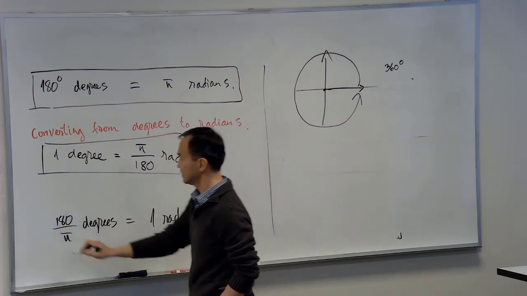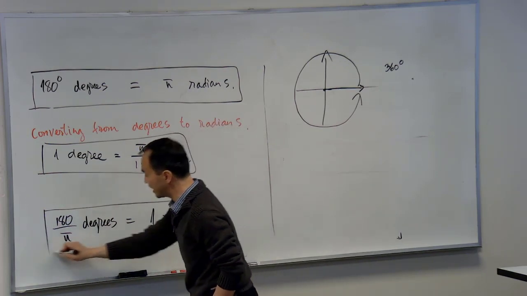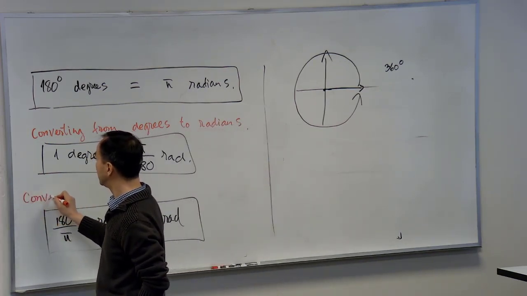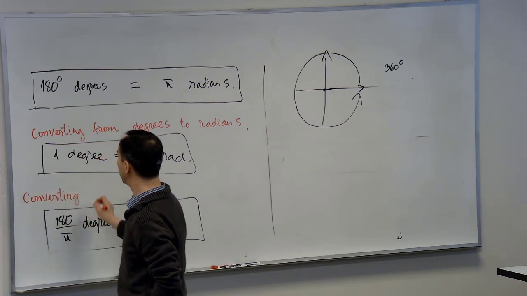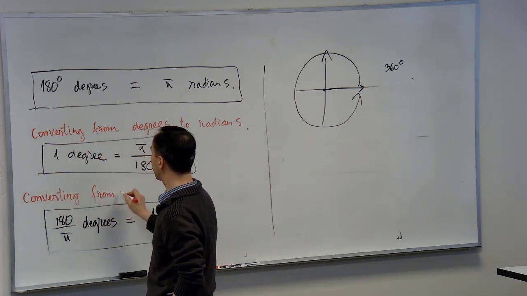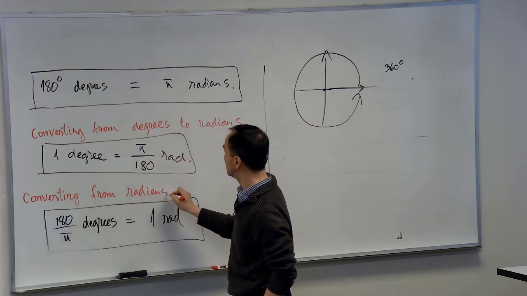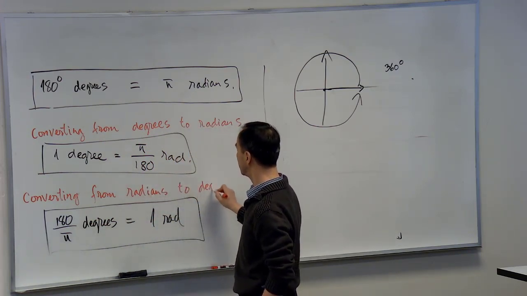That's the formula just now derived. It's a formula that helps you convert from radians to degrees.